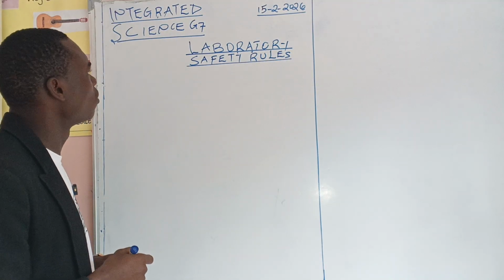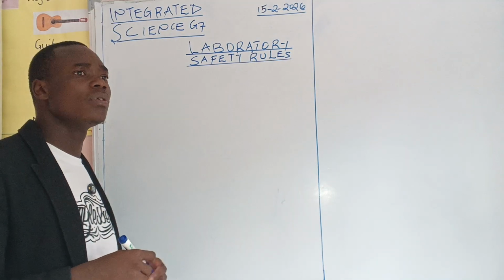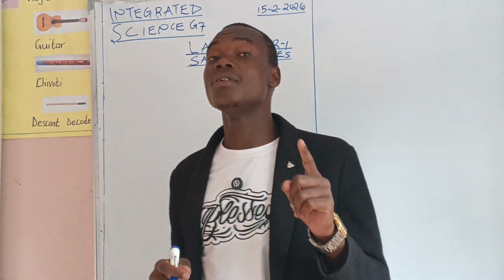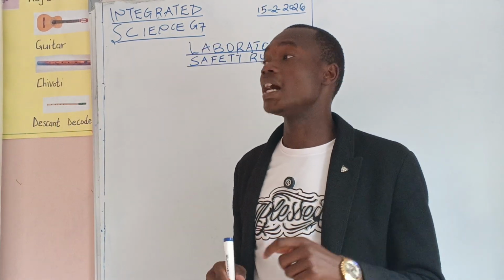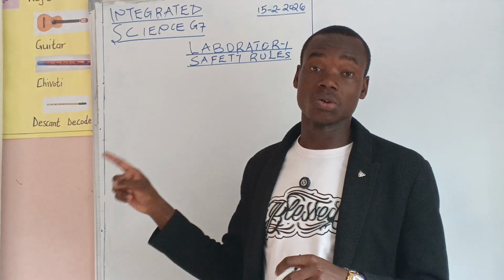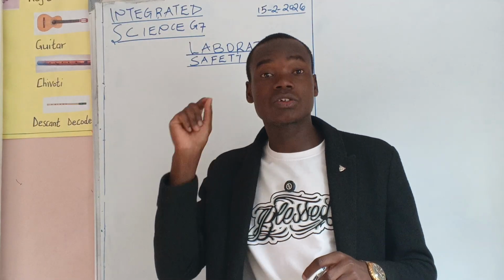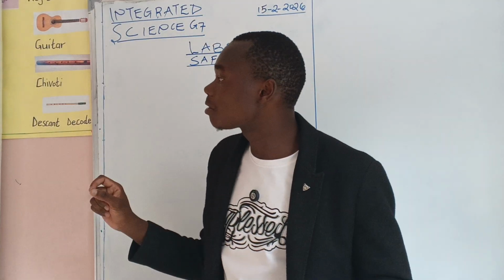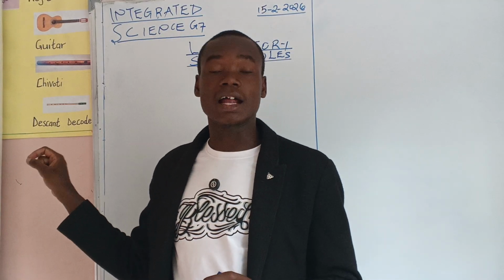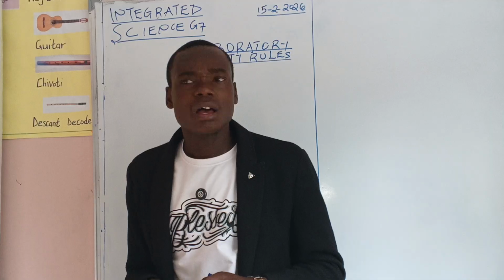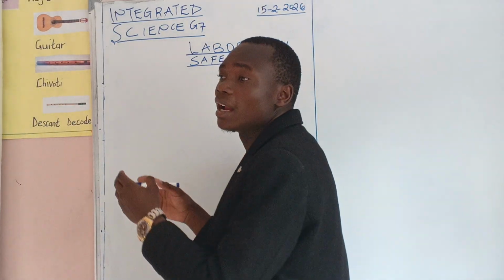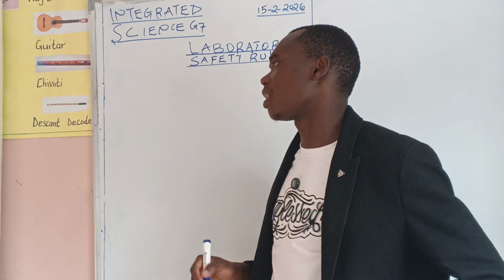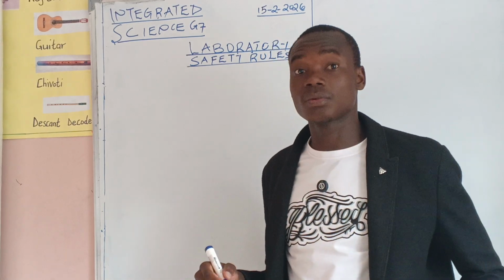Now, these rules, I hope you have a laboratory in your school, but if you lack one, know that at the door there are some rules. For a good laboratory to be called a well set up laboratory, there must be rules at the doorstep, so that before you enter, you can read the rules. So before you carry out any experiment, check whether there are rules within that laboratory.